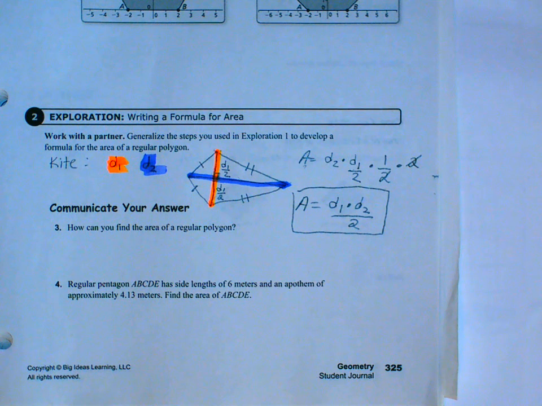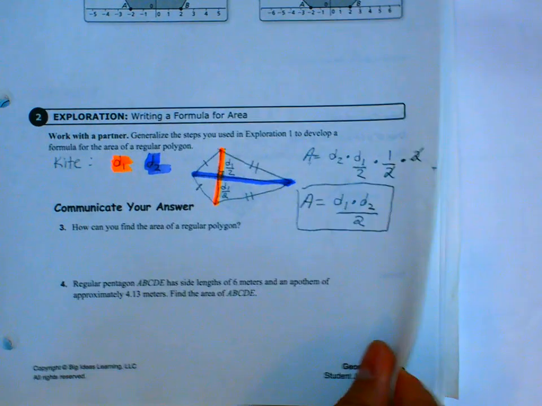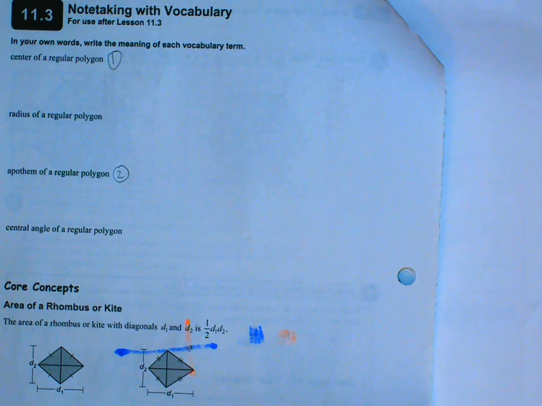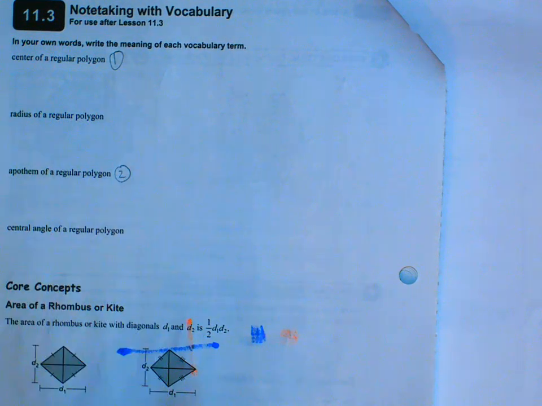We're going to go ahead and move on to some of the examples. So please turn your journal to page 326. On 326, right at the top, you're going to do problem number 1 and problem number 2, right there and right there.